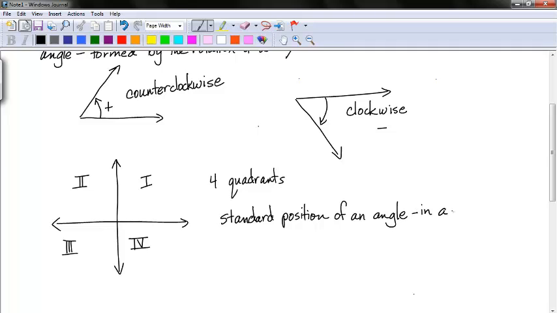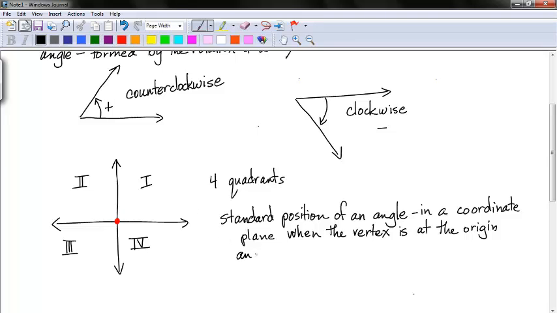In a coordinate plane, when the vertex is at the origin, so they're saying that you're starting the vertex at the origin, and the initial side is on the positive side of the x-axis.